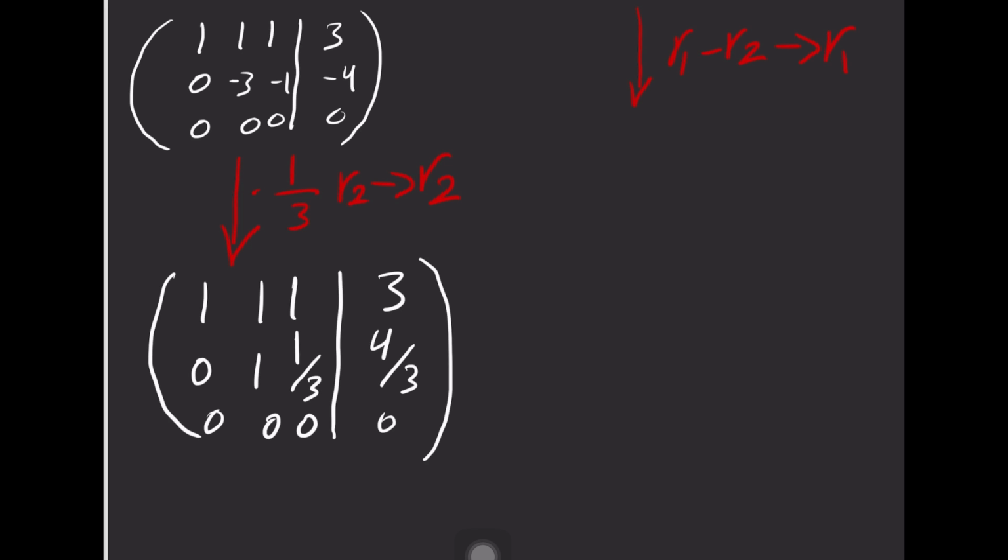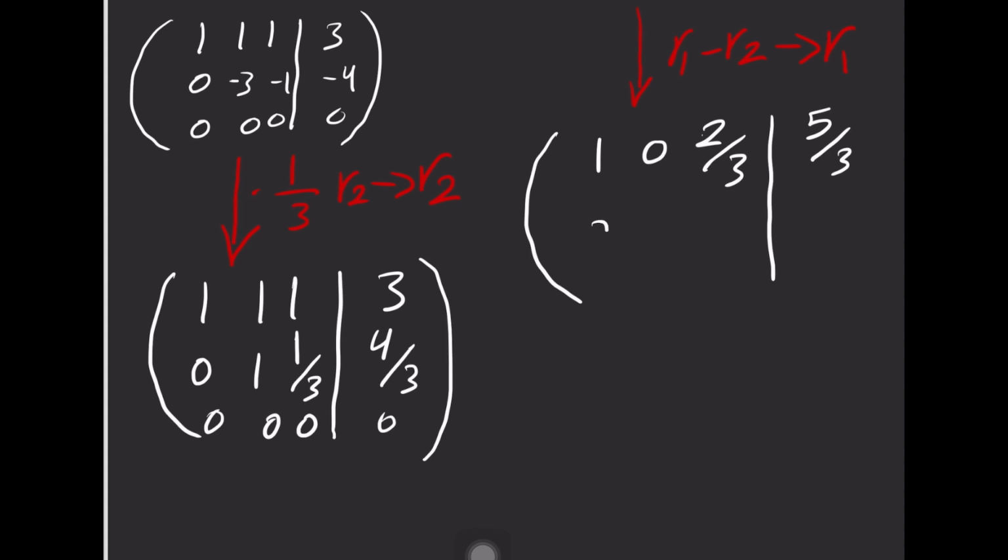And let's update our final matrix, which becomes 1, 0, 2 over 3, 5 over 3, 0, 1, 1 over 3, 4 over 3, 0, 0, 0, 0. And that should be the final shape. And we've now reached reduced row echelon form.